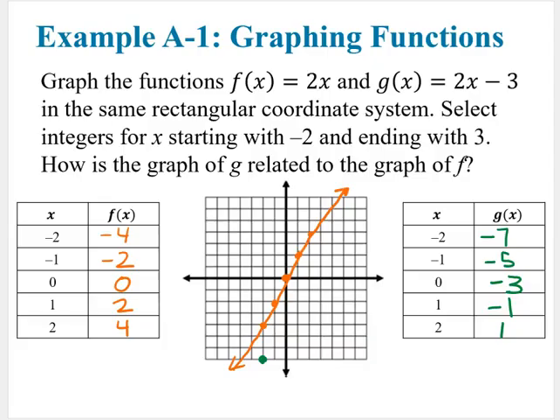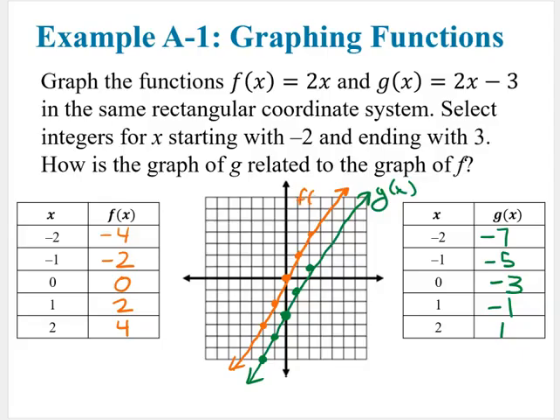So -1, -5, 0, -3, 1, -1, 2, 1. And then draw the line. Whoops, I can't draw a straight line. Please don't judge me on my artistic ability. Okay, so there's my line of g of x, and then the orange one is f of x.